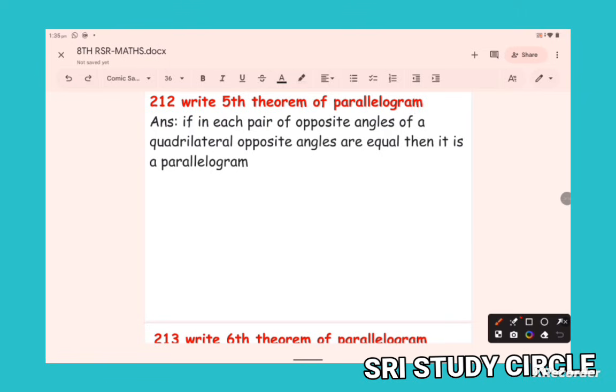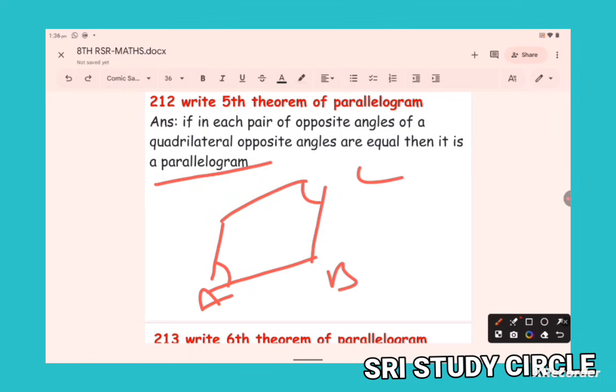If in a quadrilateral opposite angles are equal, then it is a parallelogram. So if angle A is equal to angle C and angle B is equal to angle D, then ABCD forms a parallelogram.